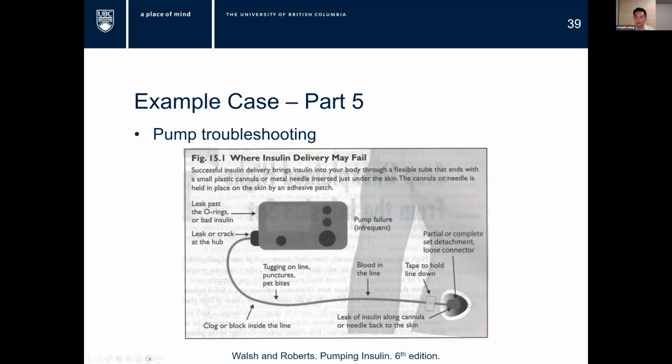You can have failures of the infusion set, including leakage or kinking of that cannula. So these are all troubleshooting of a pump. And as you become more familiar with insulin pumps, these are things that you can help to investigate with these insulin pump users as well to figure out what's going on.